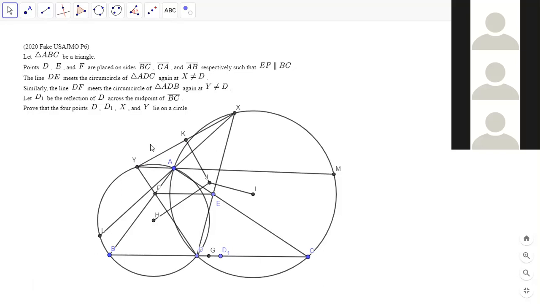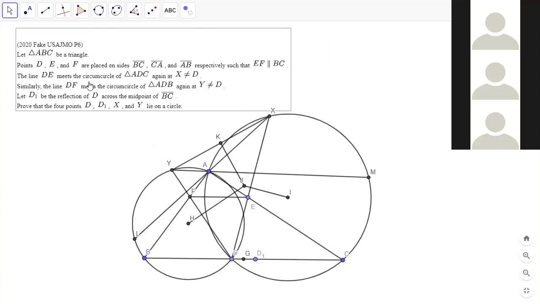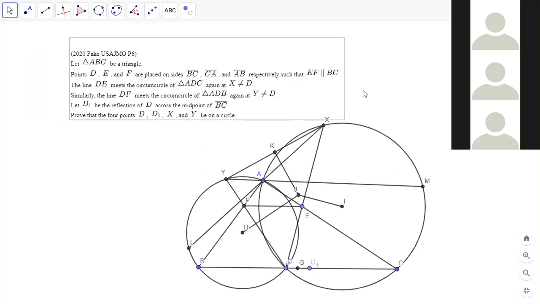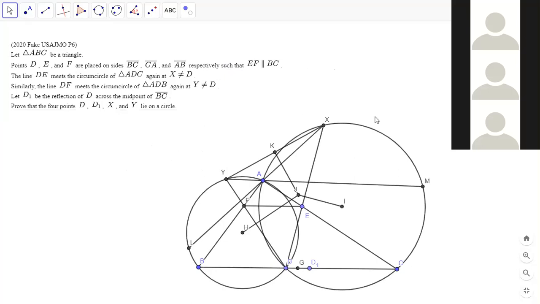Okay, what's your solution? Or once you think you have it, let me know. Extend D1F to meet the circumcircle of AFX. Okay, so I'm gonna delete, oh, I'm sorry, AFY. Okay.